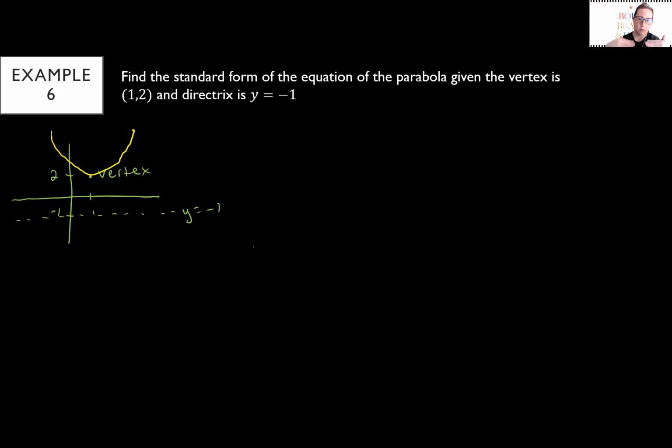So because we've got a horizontal directrix, this means that this is a vertical parabola and that my parabola is opening up because I have to curve away from the directrix. We don't cross the directrix when we have a parabola.